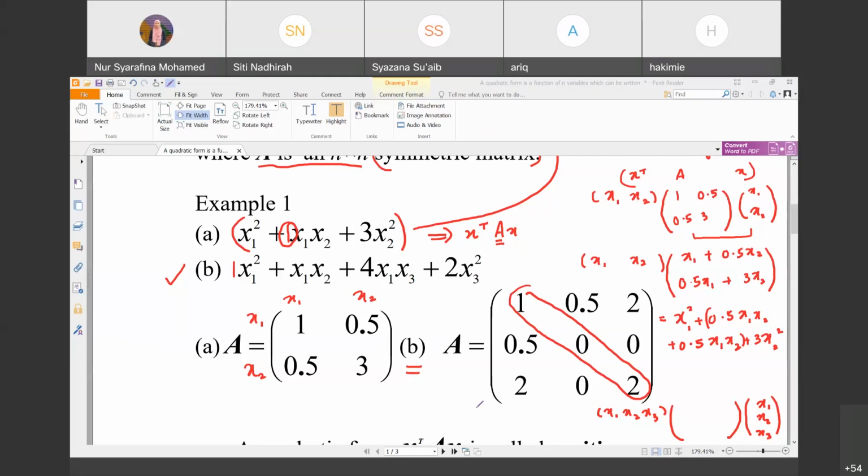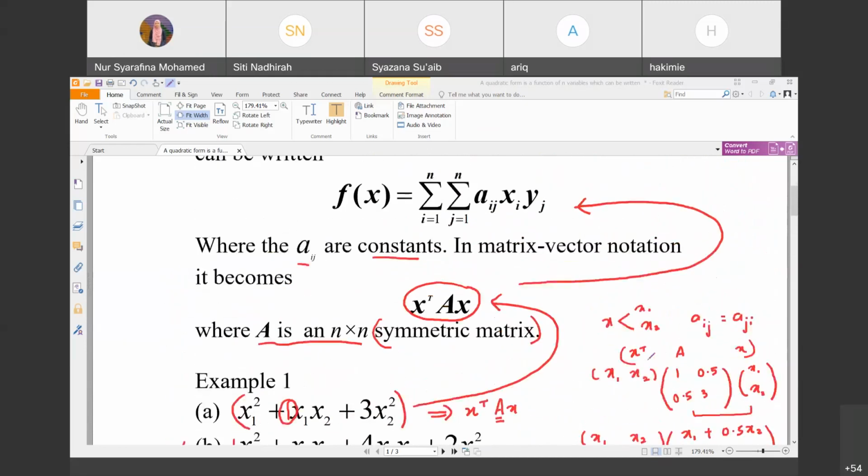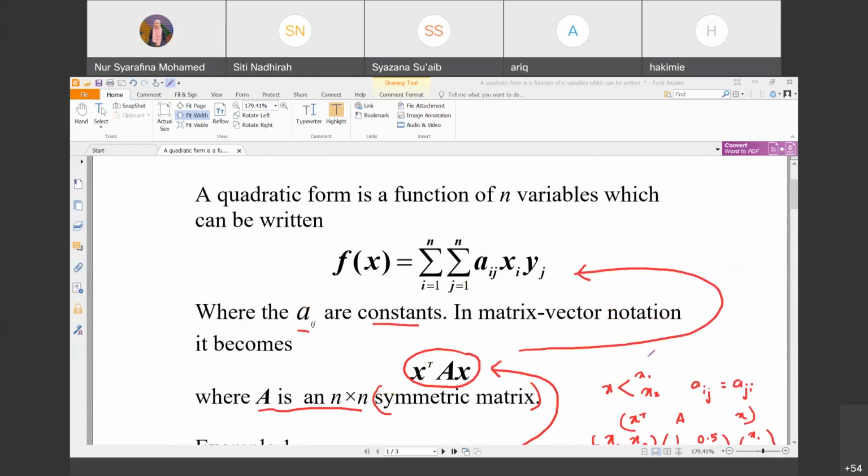Okay. All right, so basically from this example, you can say that this quadratic form can also be written as the summation of A_ij x_i x_j.